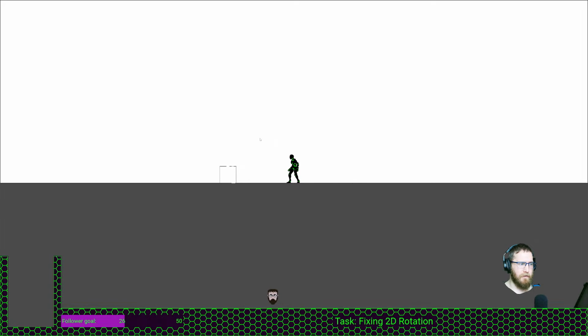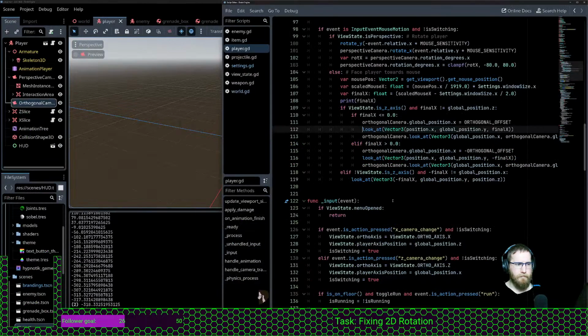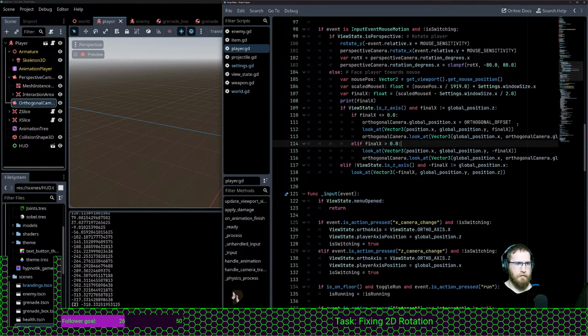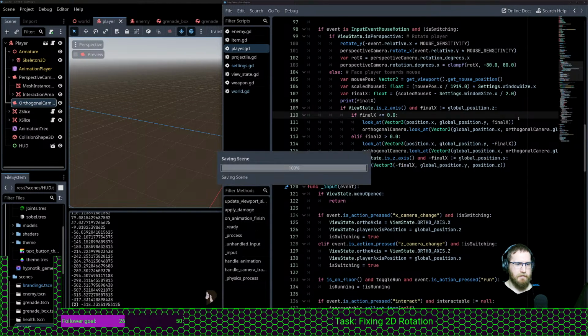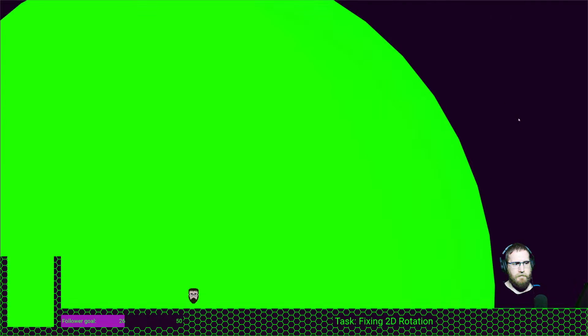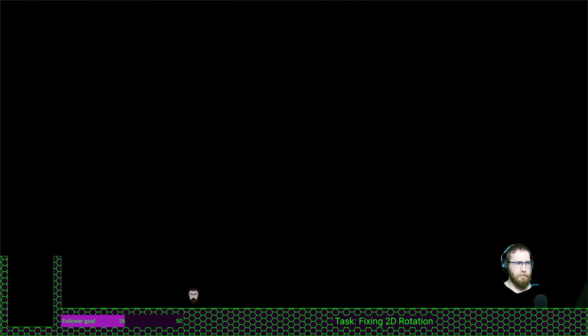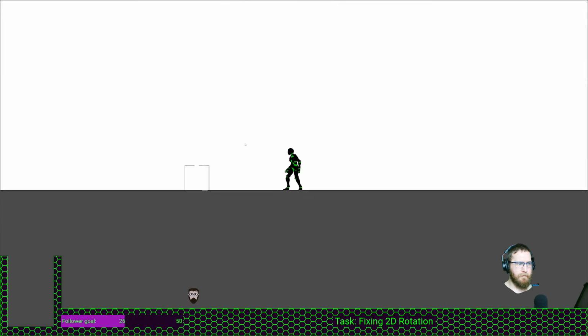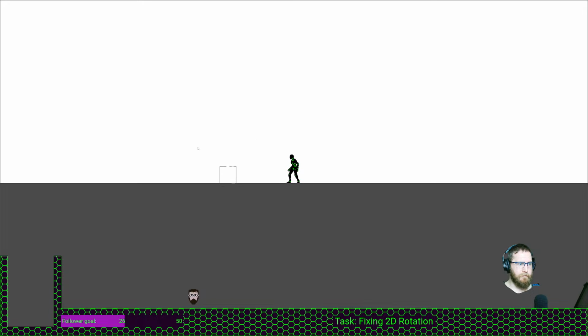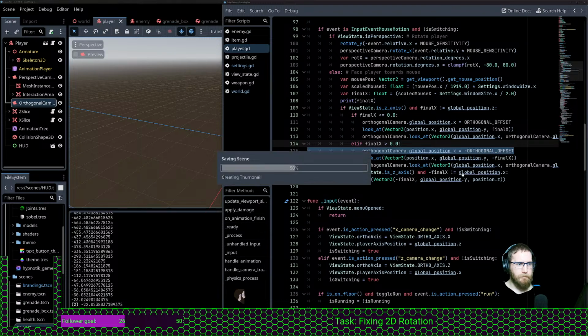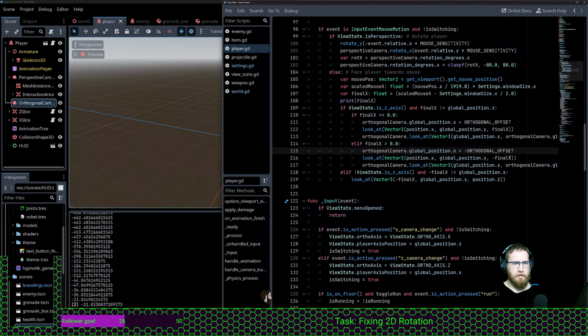Now I just need those objects to stop going to the opposite side. I wonder if that can be fixed by doing that now. Nope. Hmm.